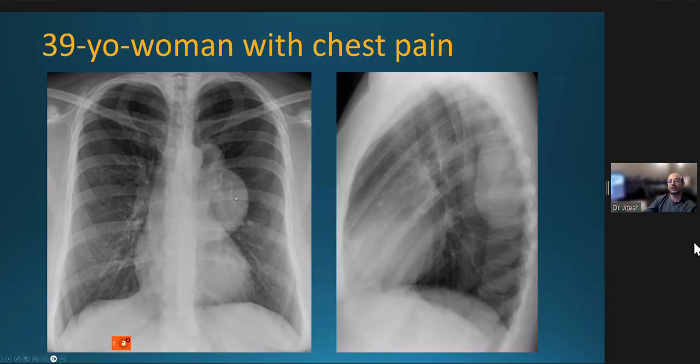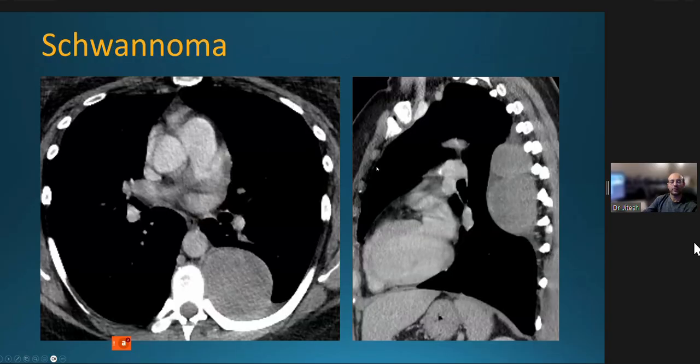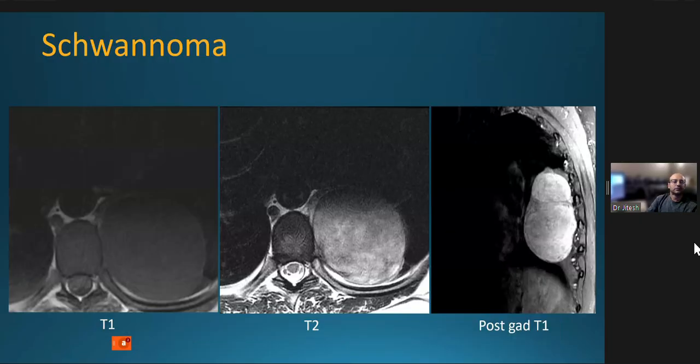So this is a hilum overlay sign with a posterior mediastinal mass. This is a case of a schwannoma in the paravertebral space. It can extend into the neuroforamina and may have a dumbbell-shaped appearance. This is a typical example of a schwannoma, or neurofibroma can look very similar. This is MR in the same patient, hypointense on T1, hyperintense on T2.